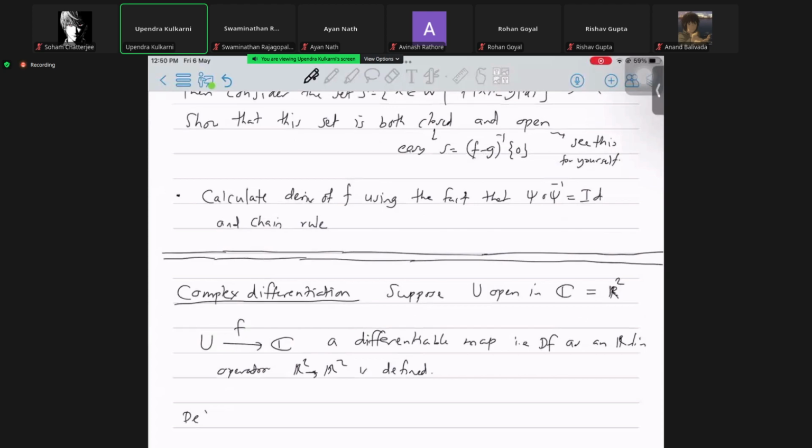So a definition, which is a completely different definition.